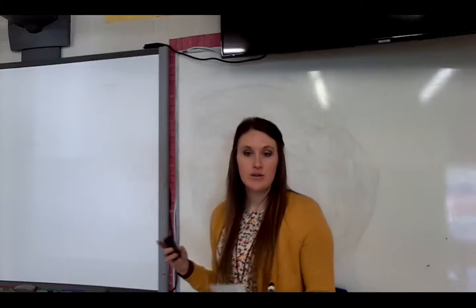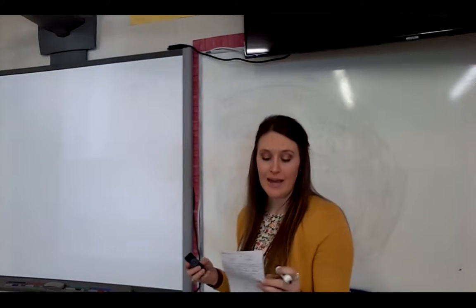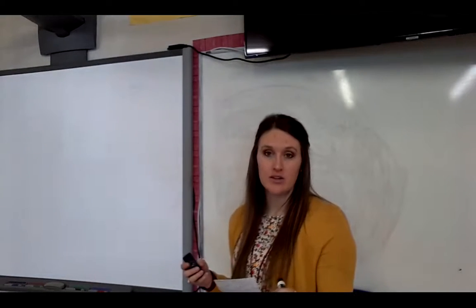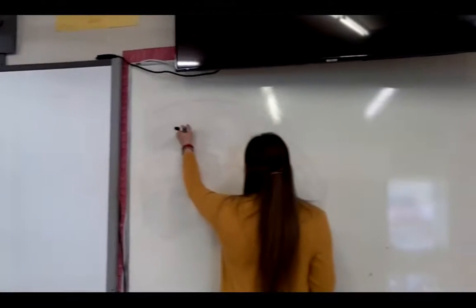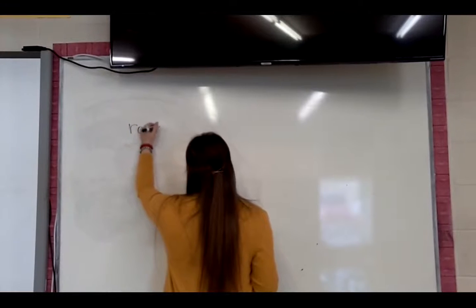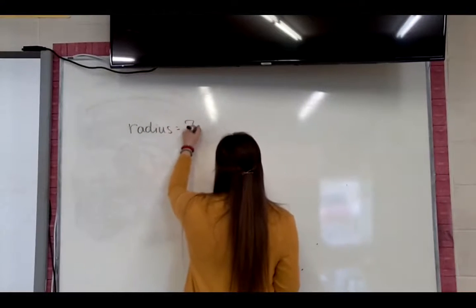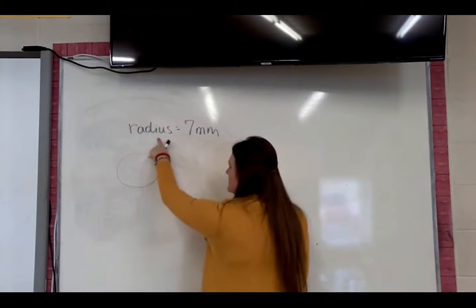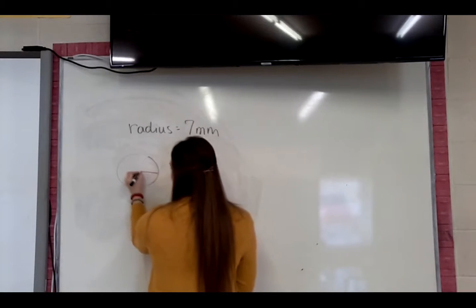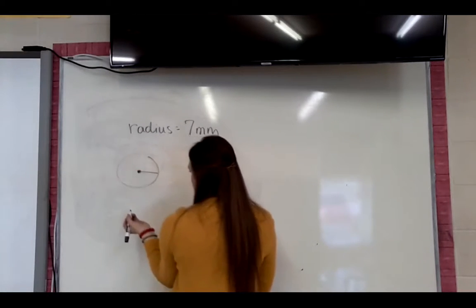Okay, on number 2, it said find the circumference of a circle with a radius of 7 millimeters, round to the nearest tenth. So they gave us that the radius is 7 millimeters. You don't have to draw a circle, but if you want to, you can. Radius, we have to remember, is just halfway across the circle. Okay?